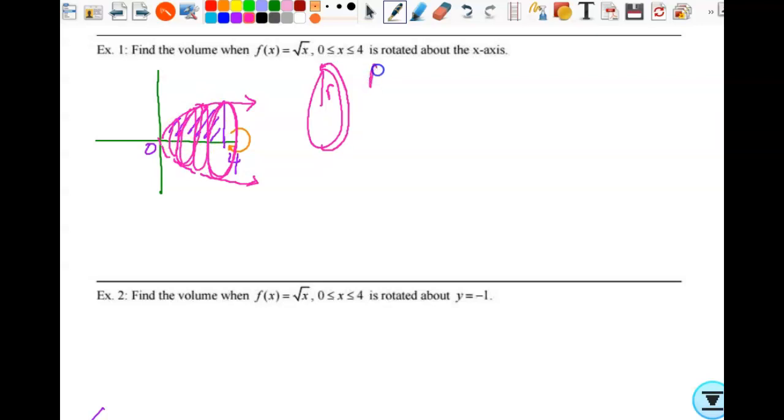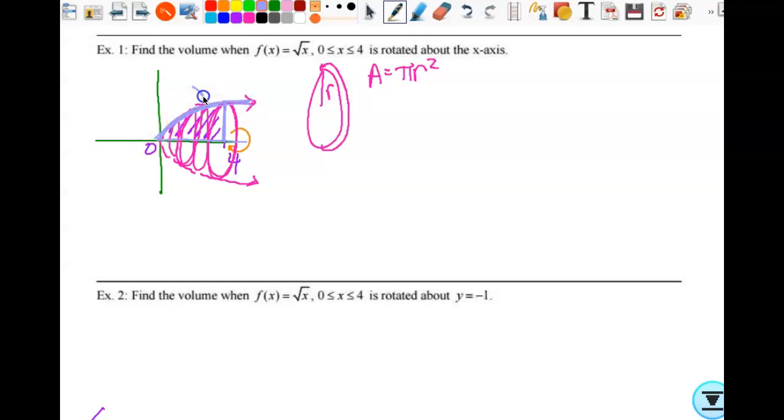We know how to find the area of a circle. It is pi r squared. This is not a semicircle, it's just a circle, right? So the radius is this part right here. How do I find the radius? The distance from the x-axis to this. What is this?